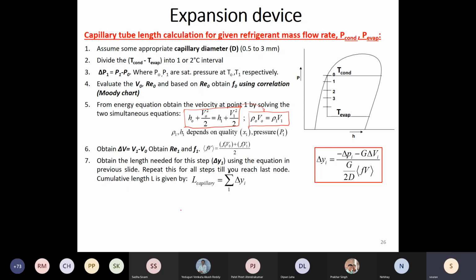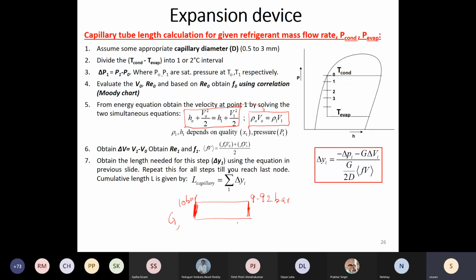If you are not able to visualize this, let's take a node. Let's say the pressure over here is 10 bar and pressure over here is 9.92 bar. I know the G, and I know all the properties at this particular location. I need to now get the properties at this particular location.